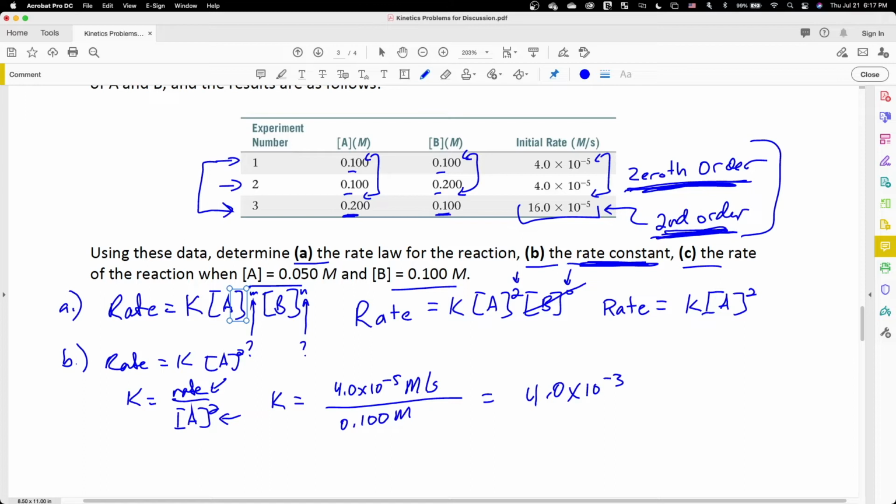And the unit there for that one will be reciprocal molar, reciprocal seconds. Sorry, not meters, molar. So that was pretty easy.